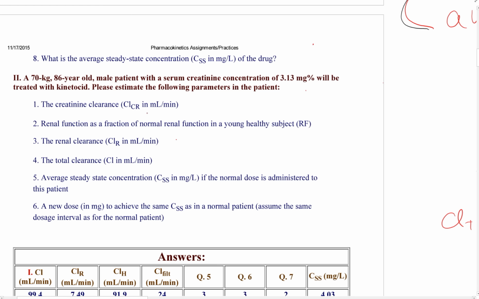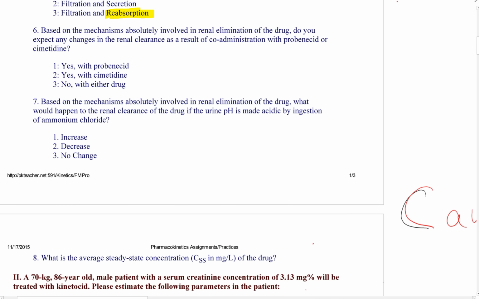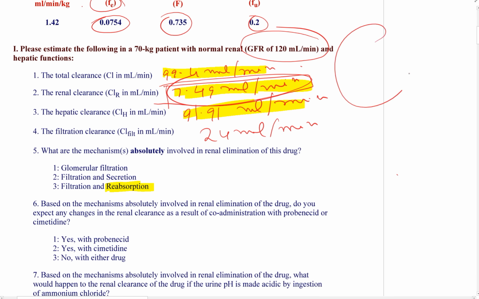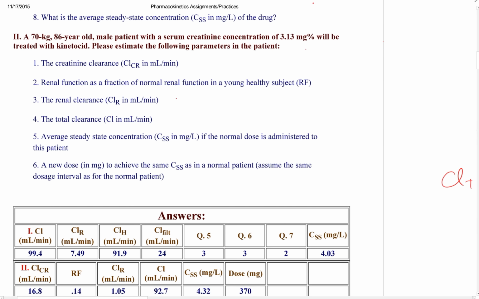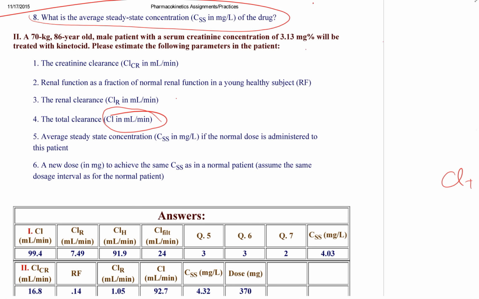Sometimes you go back to use data from part 1, and sometimes you use the new data based on the patient's CL when calculating the dosing rate. You always use the clearance of this patient, and to adjust the dose, the reference is always the healthy individual. So this is all I have.